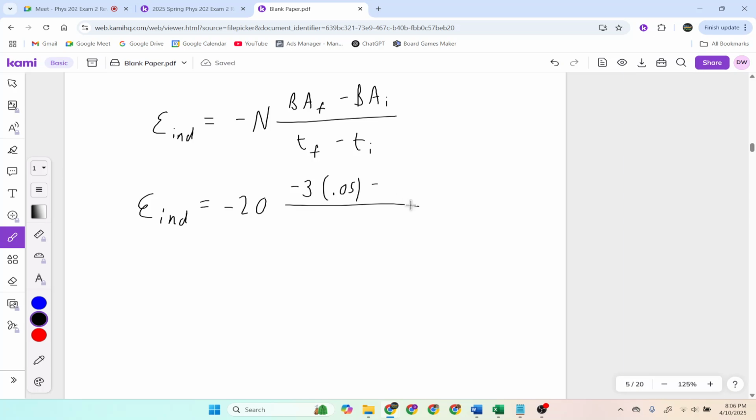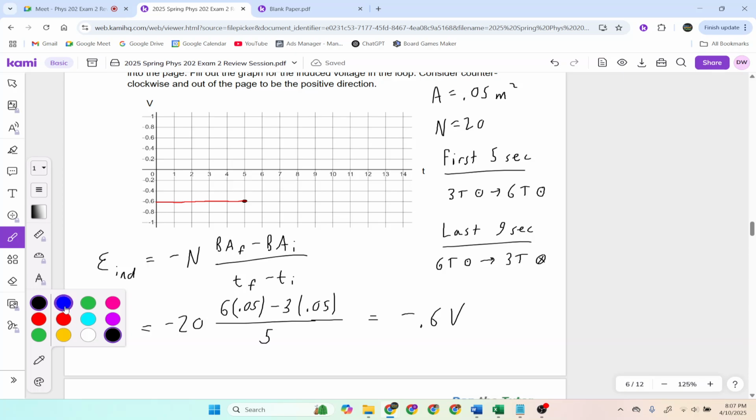By the way, the end of the 5 seconds is the beginning of the 9 seconds. In other words, I'm talking about the 6 Tesla out of the page. And that's times 0.05, divided by time, which is 9. You plug this in a calculator. Positive 1 volt. So then back here, I know it's going to be positive 1, which is going to look like this.